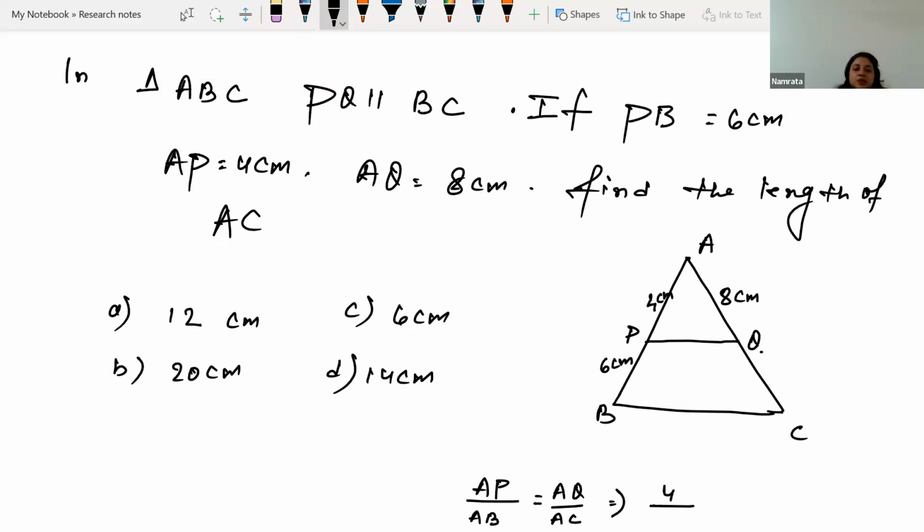AP is 4, AB is 10, AQ is 8 and AC is, let's say, X. So what will we get as the value of X from here? 20.